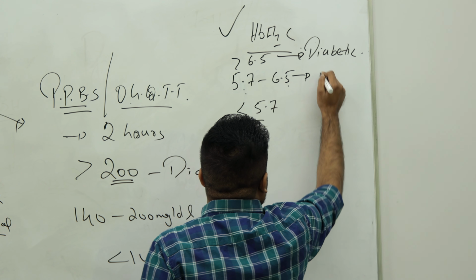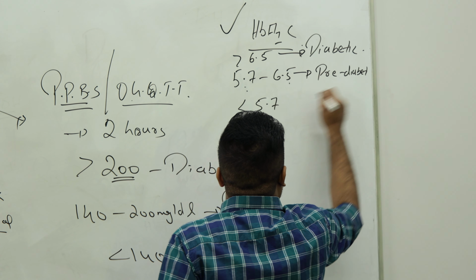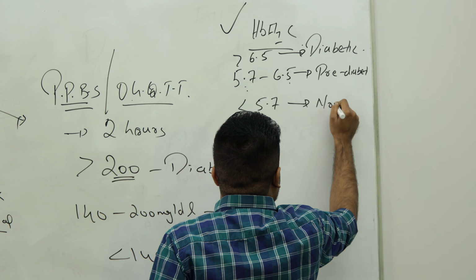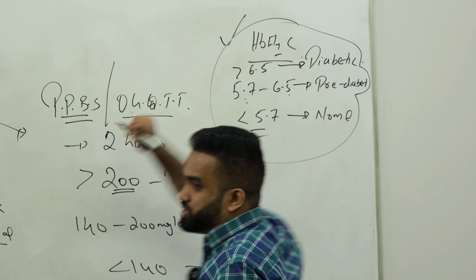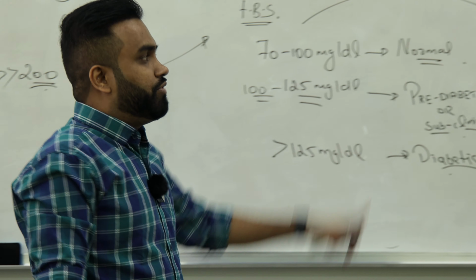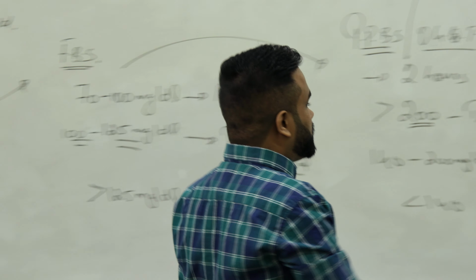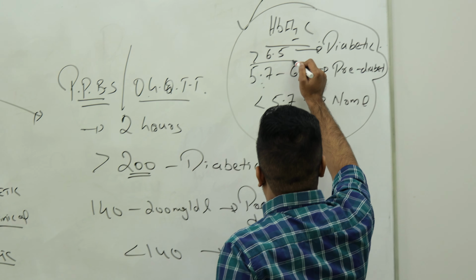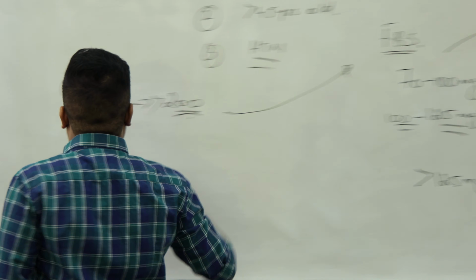Between 5.7 and 6.5 is again pre-diabetic or subclinical, and less than that is normal. So this is the last confirming test for diabetes. From here, we start the patient on drugs once we confirm the patient is diabetic. So if I get a patient whose HbA1c, glycosylated hemoglobin, is more than 6.5, what will I do? For sure I will start the treatment.